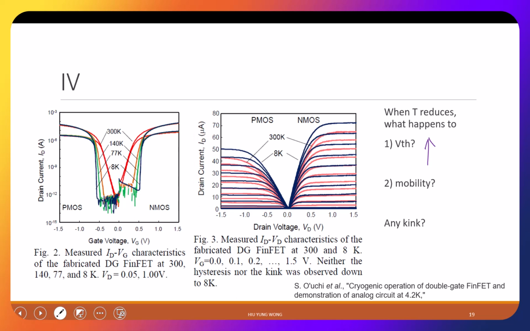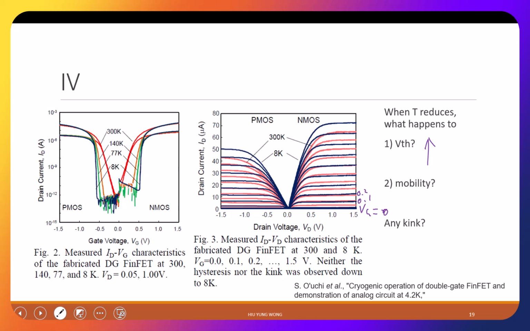This is ID, VD, and it also plots PMOS and NMOS together. If you are not comfortable with this, just look at the NMOS part. This is exactly what we usually say: different VGS. Right here is VG equal to 0, and then 0.1, 0.2, keep going up.